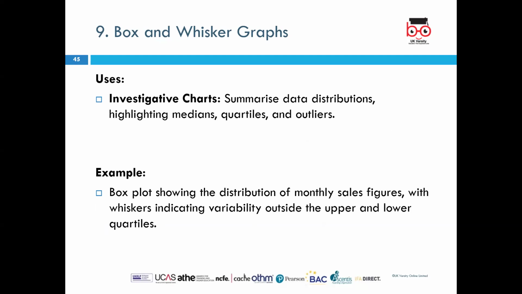So example for box and whisker graphs is that with a box plot, we're now showing the distribution of monthly sales figures. With our whisker we're now going to be indicating variability outside our upper and lower quartiles.